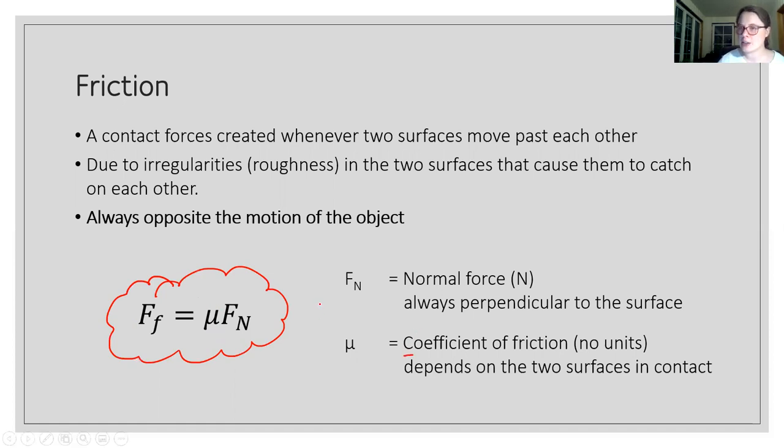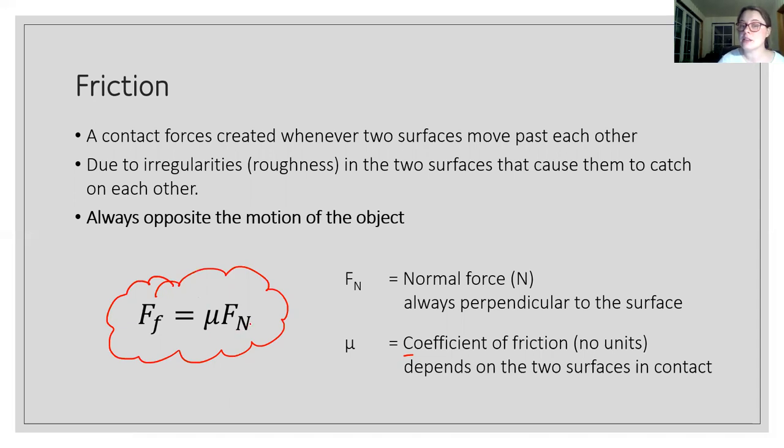It describes how rough the surface is. So it's the ratio between the force of friction and the force between the object and the surface that describes how rough it is. The larger this value, the greater the force of friction you will have. The smaller that value, the lower the force of friction.